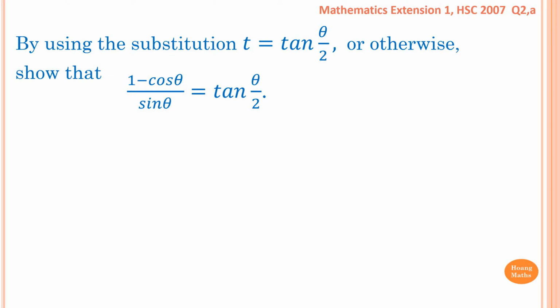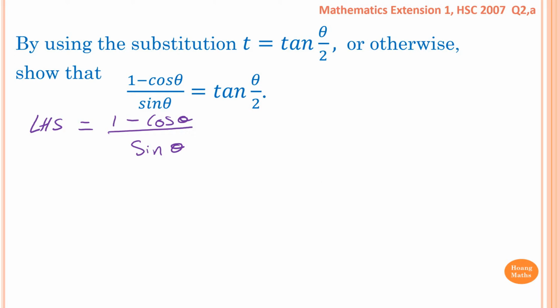By making the substitution t equal to tan of theta over 2, or otherwise, show that 1 minus cos theta over sine theta is equal to tan of theta over 2. So first step, I write the left hand side first. Left hand side is equal to 1 minus cos of theta over sine of theta.